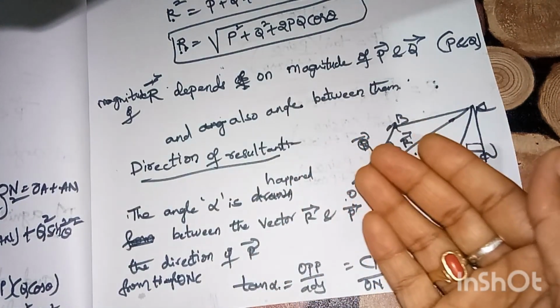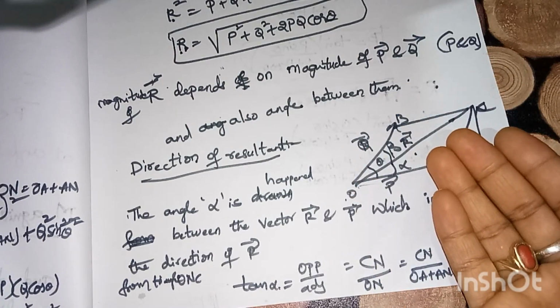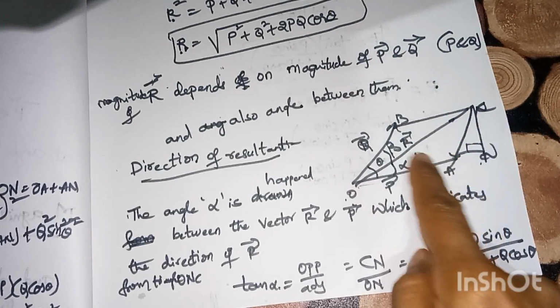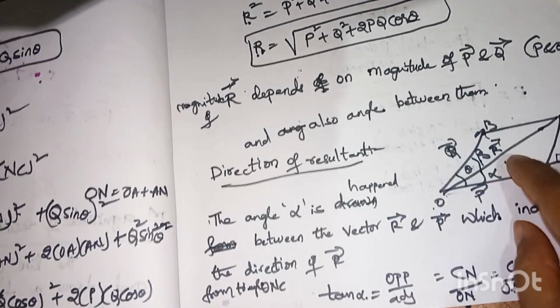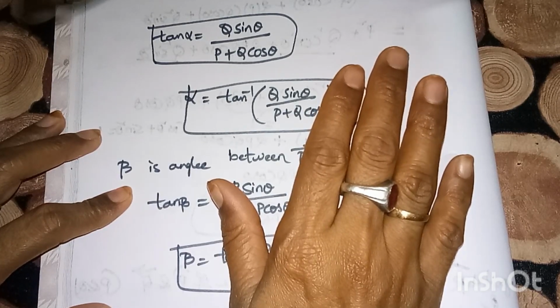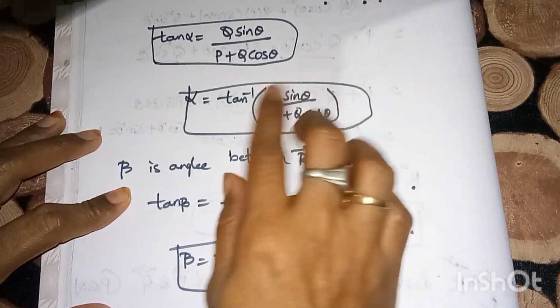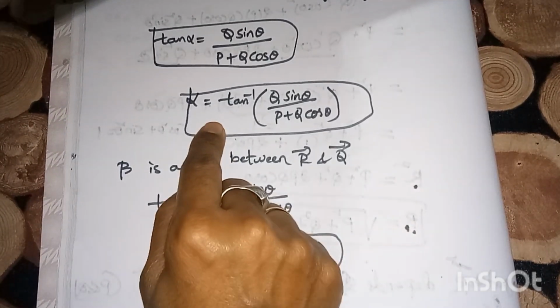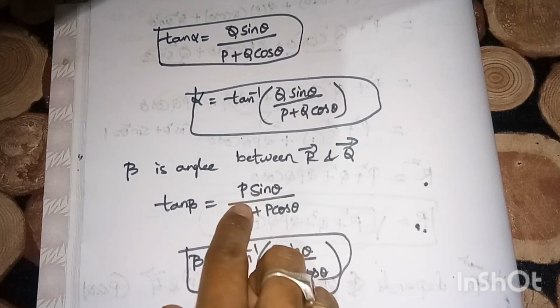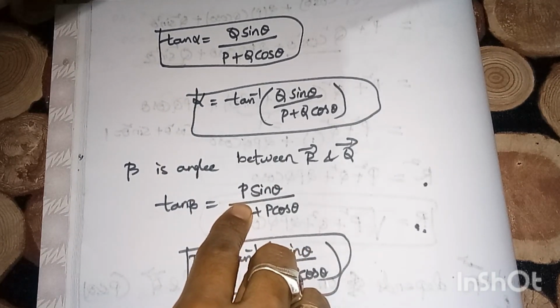If they ask for the angle between the resultant and the second vector, you have to take tan beta. Remember it in a very simple way: just remember the formula for the angle between the first vector and the resultant, and you can easily write the angle for the resultant and the second vector.